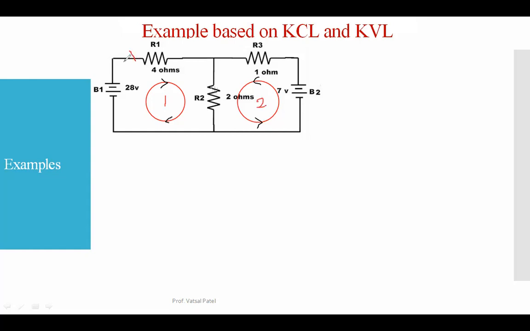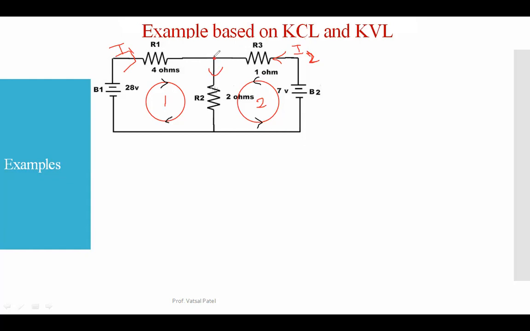So the current flowing here is I1 in this direction, and the current flowing in this branch will be I2, right? So what will be the current in this 2 ohm resistance? Can you tell me? This is our junction.